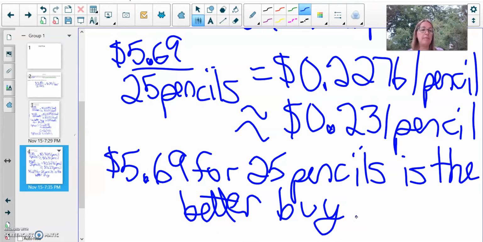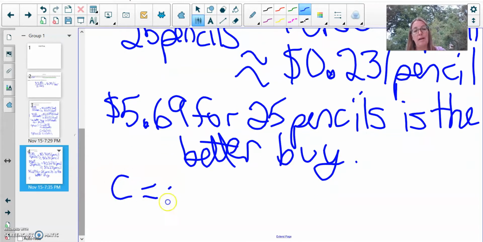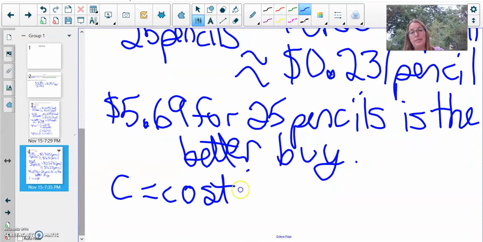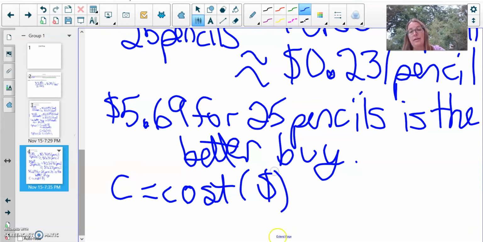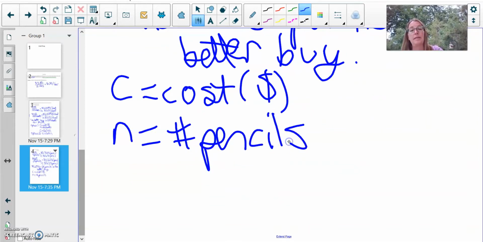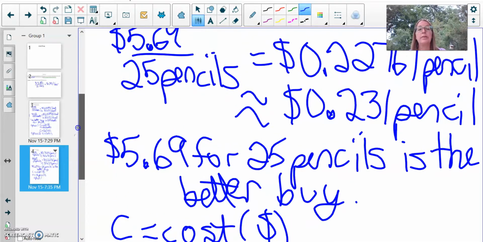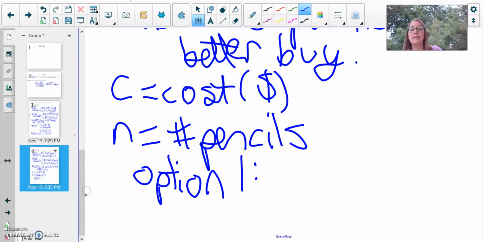Okay, and now we have to come up with our equations. So I'm going to let C be the cost in terms of dollars. I'm going to let N be the number of pencils. For option 1, I'm using my rounded answers now for the equations. So for option 1, it was 31 cents per pencil, sorry.